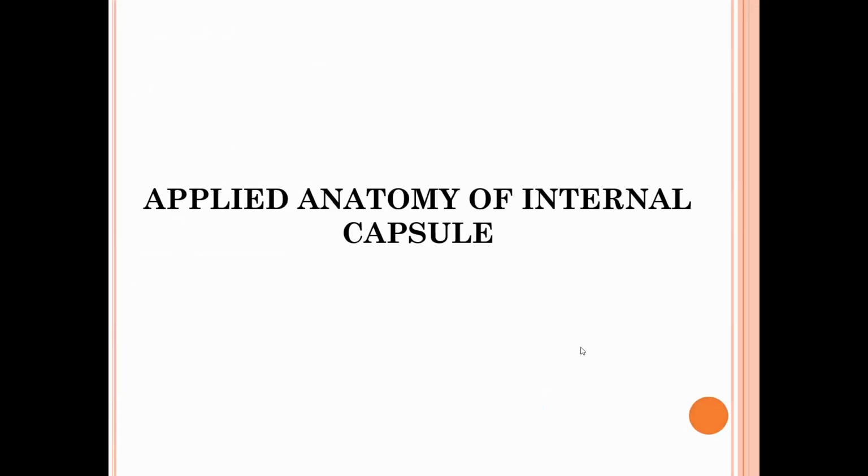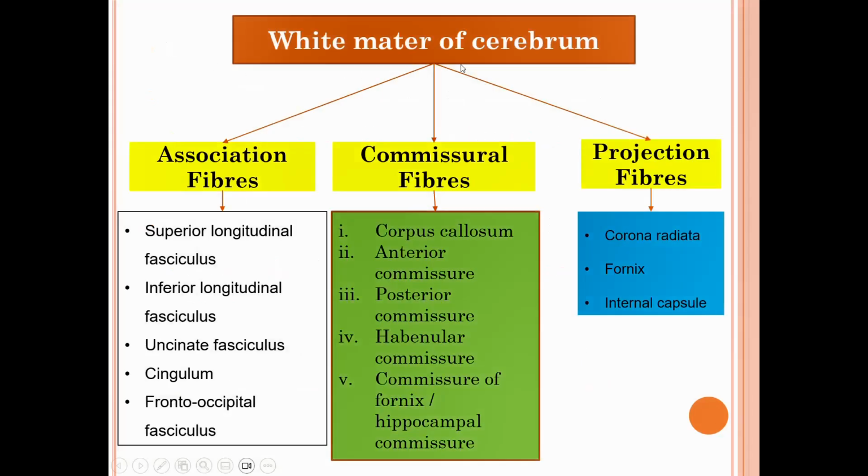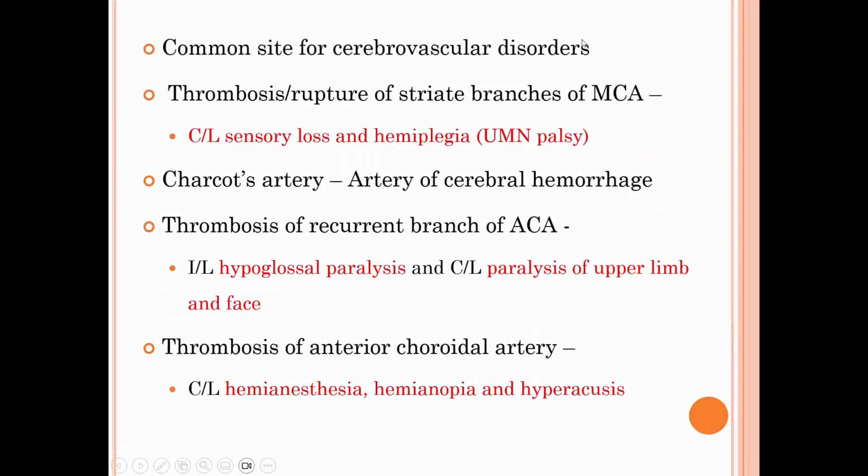Okay, so what is the applied anatomy? Here you can see the internal capsule is one of the most common sites of cerebrovascular disorder. If there is thrombosis or rupture of the striate branch of the middle cerebral artery, as we know, what do the striate branches of the middle cerebral artery supply?